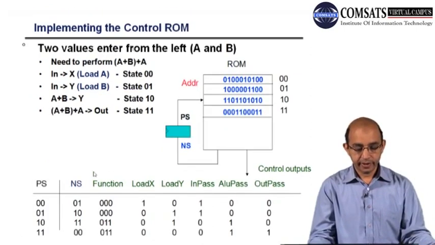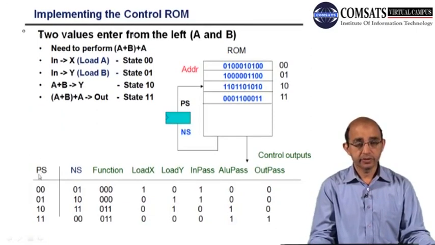Here you can see that we have the state table. This is the present state, this is the next state, and this is the function: load X, load Y, in pass, ALU pass, and out pass.